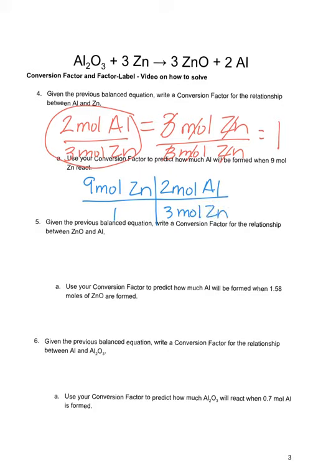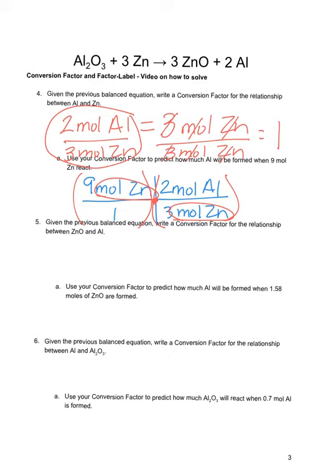Notice that moles of zinc is up here and moles of zinc is down here. This is different than when I use the ratios because I am multiplying. It is not an equal sign. So this train track is a multiplication. It's this times this. Since I'm multiplying, when I multiply and divide by something, they cancel out.